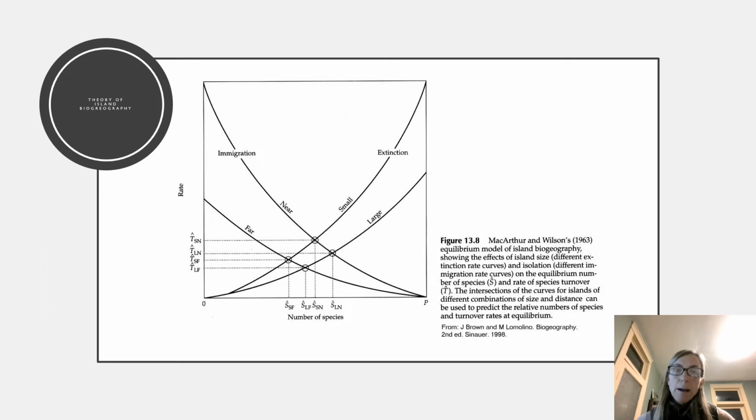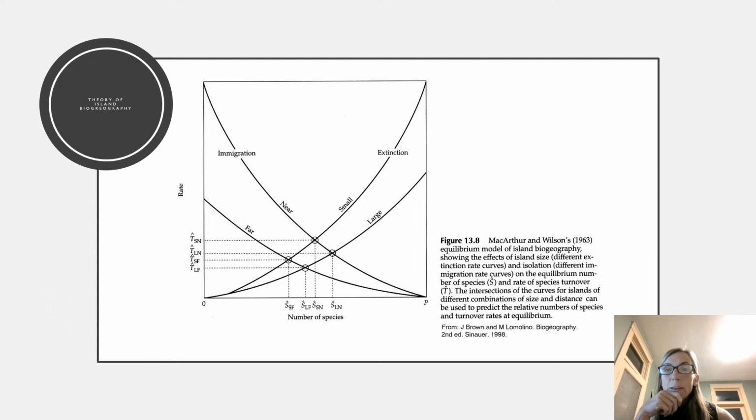They postulated in that book that island species richness depends on island size and its isolation from a source for immigrating species. So they present this equilibrium model based on the concept that when there's an addition of species on an island, the island's immigration rate of new species is going to decrease while the extinction rate of resident species will increase.